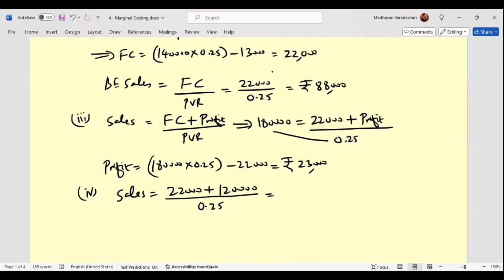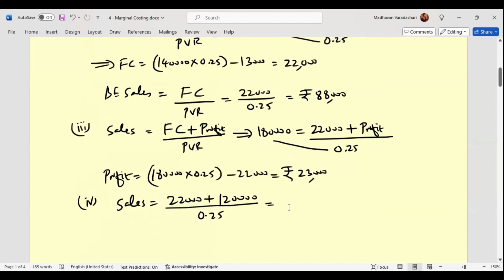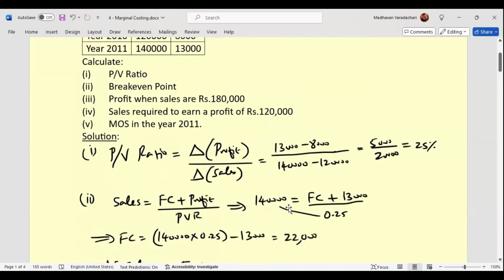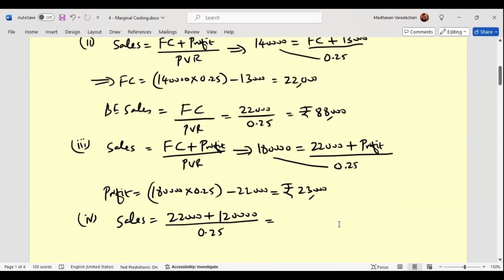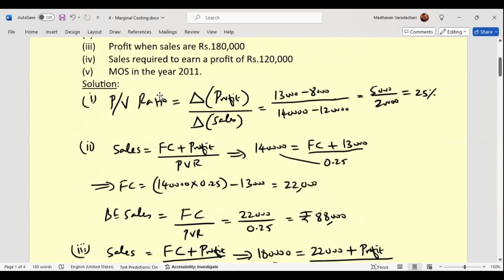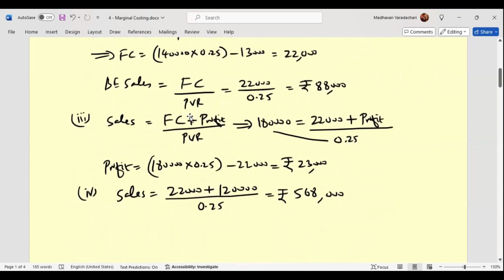Let us calculate that. To get that much of profit, we need to do a sale of rupees 568,000.